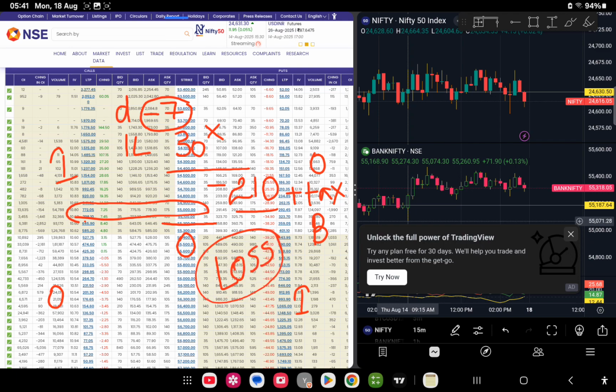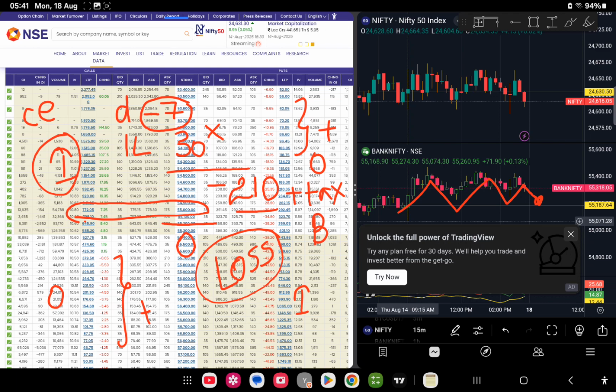As I explained, the market is completely sideways. So here the OTM is already in a profitable position. So only for the call side, ITM is facing the loss, that too a minimal loss.